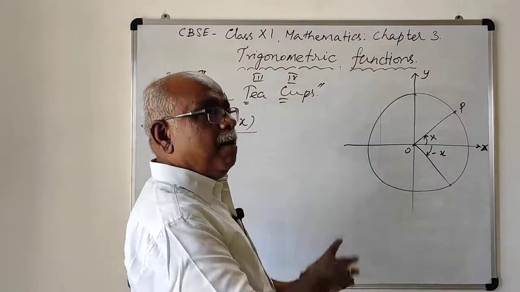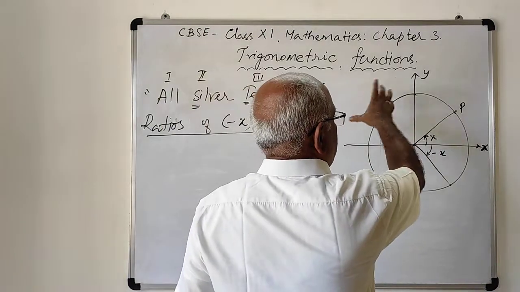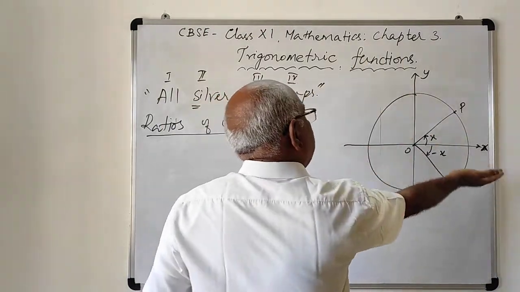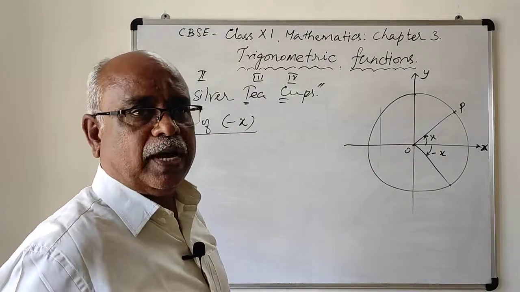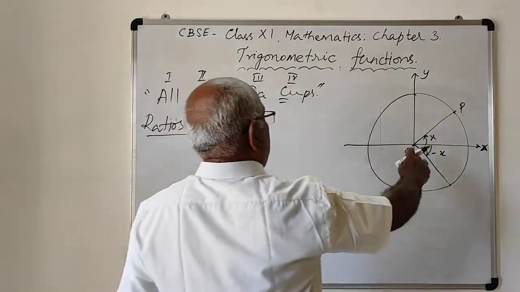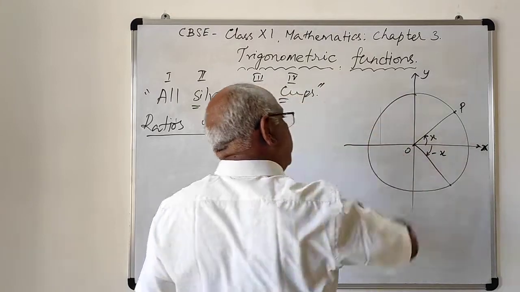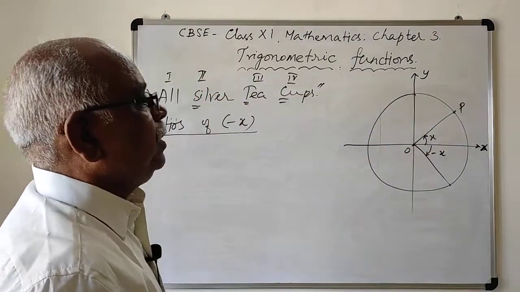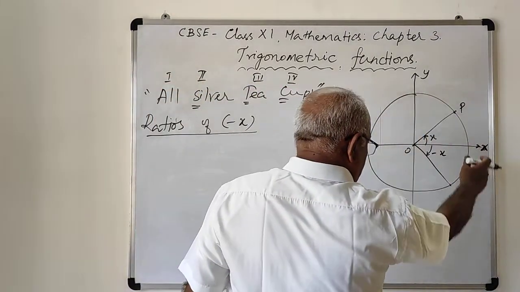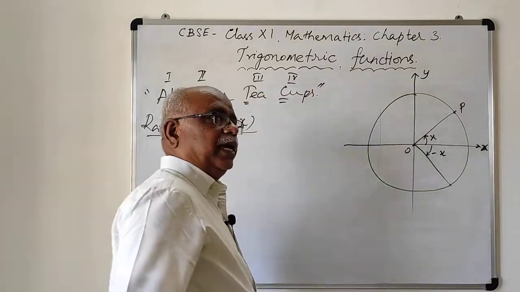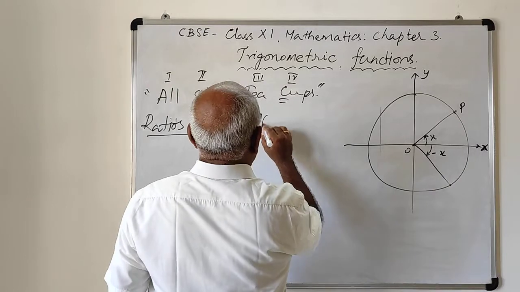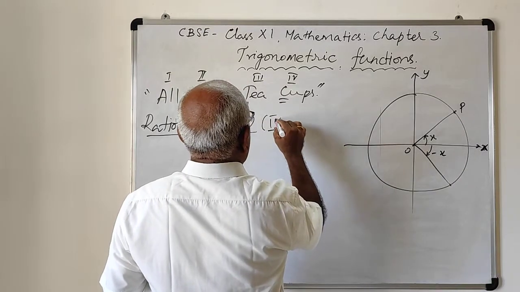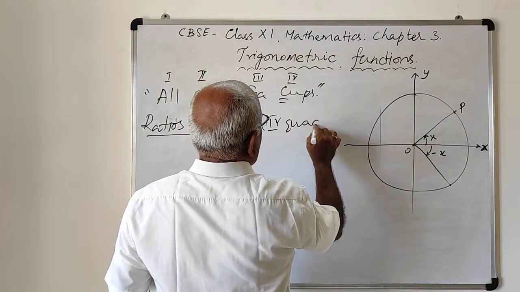That's why in the protractor also we can find the positive angles from right to left in the anti-clockwise direction. And in the clockwise direction, the angles are represented by negative sign. Therefore, minus x is in the fourth quadrant.